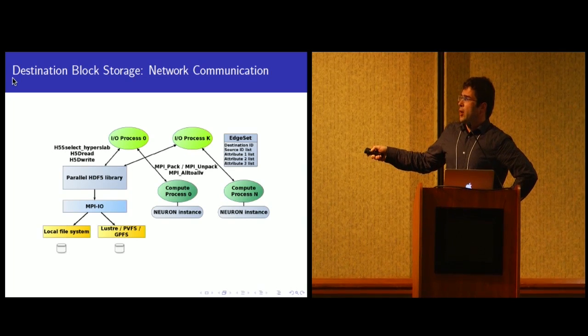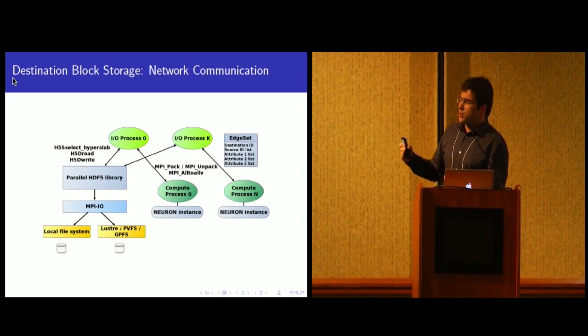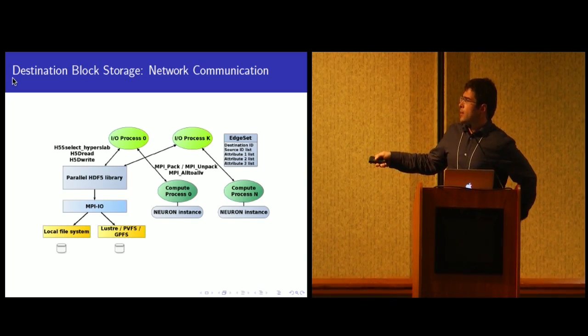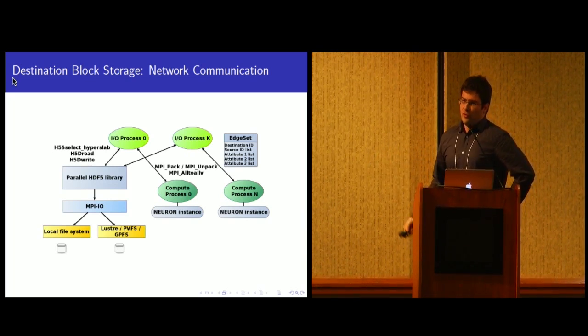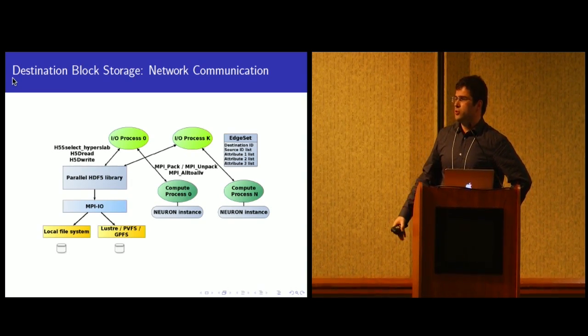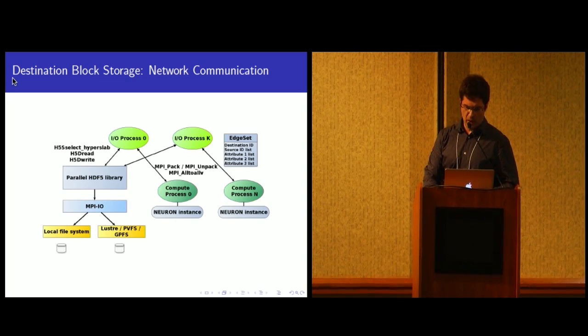They use MPI pack and unpack to serialize these structures, and then MPI Alltoallv to distribute all of the edges to the compute ranks where the NEURON simulator runs. MPI Alltoallv is very flexible, but of course there are some drawbacks when one uses a large number of MPI processes.